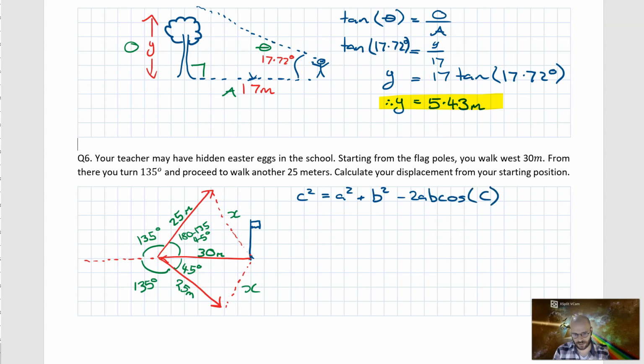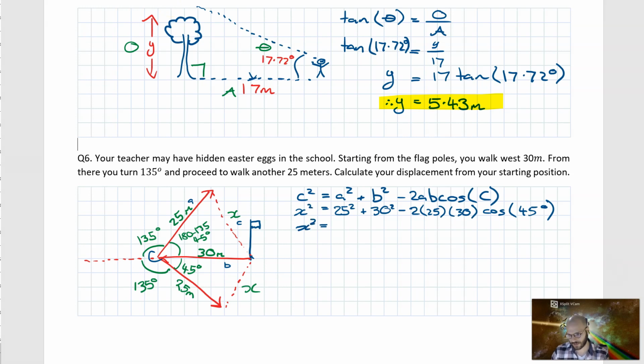So we retrofit our labels to the triangle. So c, little a, little b. And then we sub in the values. So 25 squared plus 30 squared minus 2 times 25 times 30 cosine of 45 degrees. That will be our x squared.